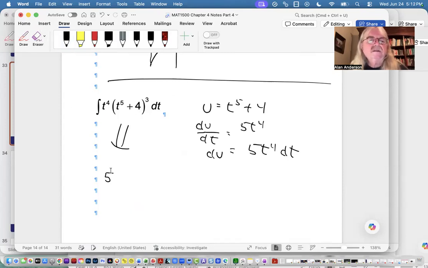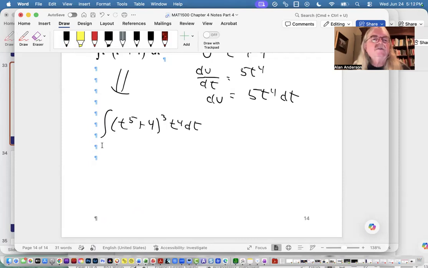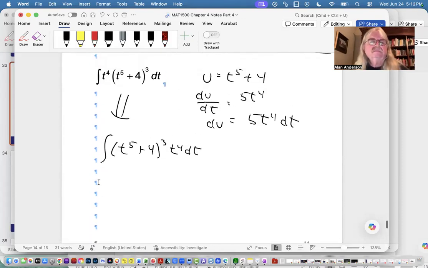So, well, first let's rewrite it. And then, you can see that we'd like to have 5t to the fourth. We don't have it, so we will supply it ourselves, which we're certainly allowed to do by both multiplying and dividing by 5. Actually, no, sorry. I want 1/5 over here.